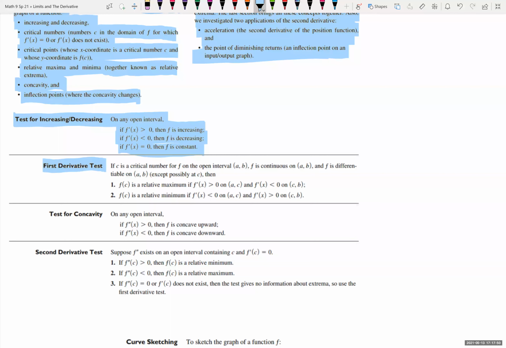With that first derivative test, finding where things were increasing and decreasing, we could tell if we had a max or a min. So there had to be a stipulation that C is the critical number of f on that open interval AB.